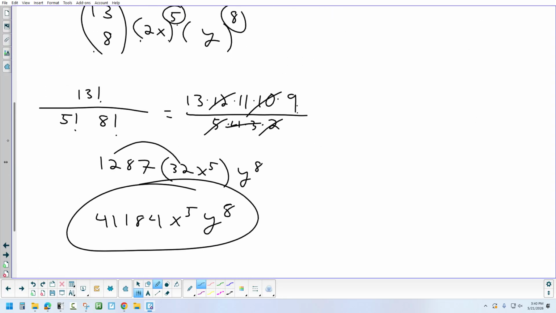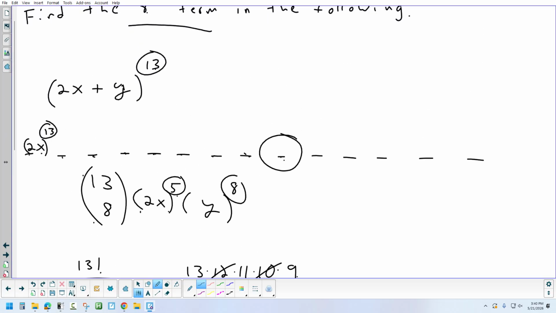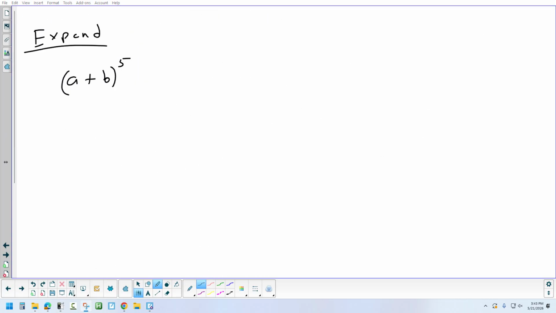Okay. Any question on that? So last question is expanding a binomial. And when we only have to do it to a power that's like 6 or less, we really want to be able to use the triangle because that's going to be a lot faster than using the formula. So what row do we need to know up to in Pascal's triangle to do this problem?